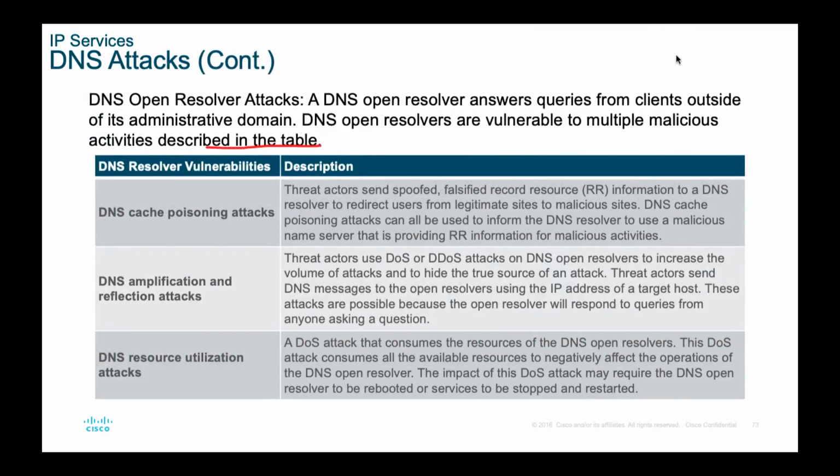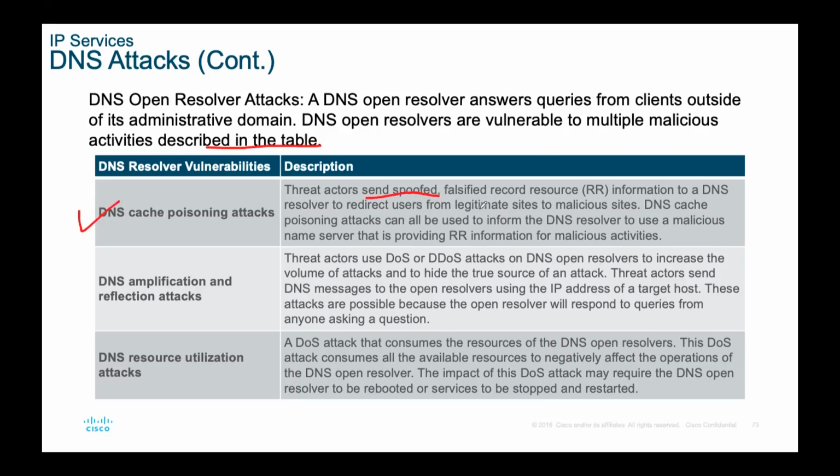All right. Okay. DNS resolver vulnerabilities. So the first is DNS cache poisoning attacks. So what are these? Threat actors send spoofed and falsified resource record (RR) information to a DNS resolver to redirect users from a legitimate site to a malicious site.